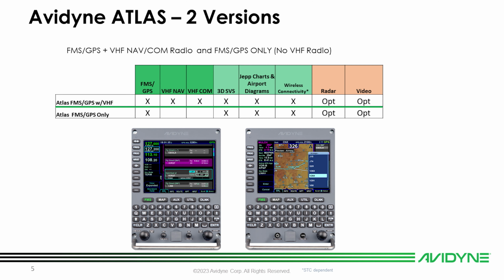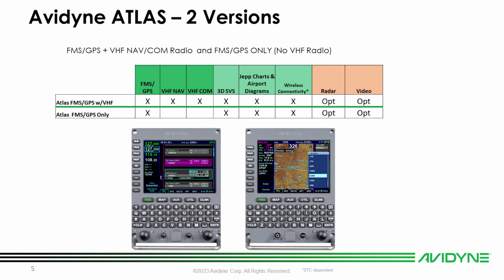What is Atlas? First of all, Avidyne has developed 2 different versions of the Atlas. One is an FMS GPS with VHF NavComm integrated all into one box. And then we also have an FMS GPS only version, where if you're keeping your existing radios, you only want to replace the FMS.